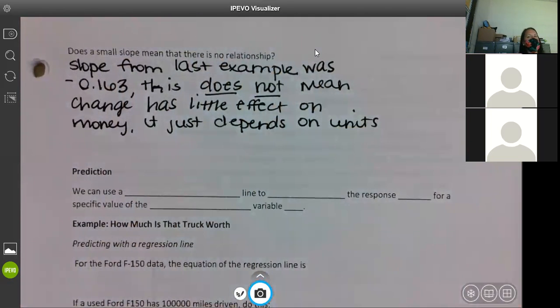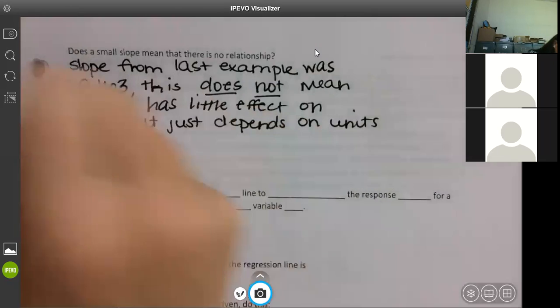So basically what it's saying is if it's a small slope like this, it doesn't mean all the time that it's just going to have a little bitty effect. It could have a large effect. It depends on what you're working with, what your units are. So 16 cents on thousands of dollars is probably not going to be a big deal. But if we put 16 cents on $1 or something like that, it makes a big difference. So this is what it's getting at.